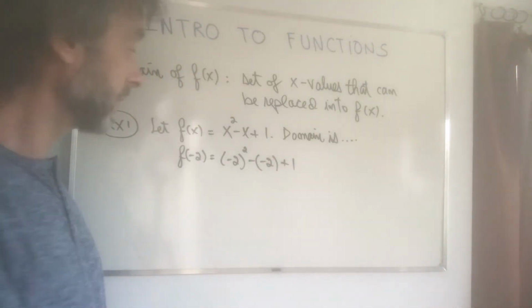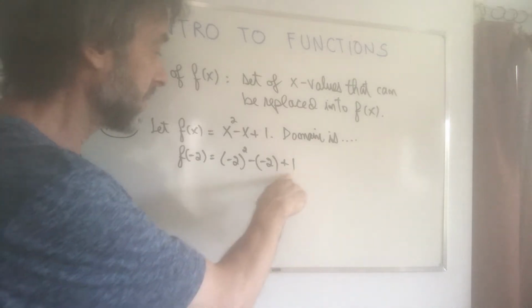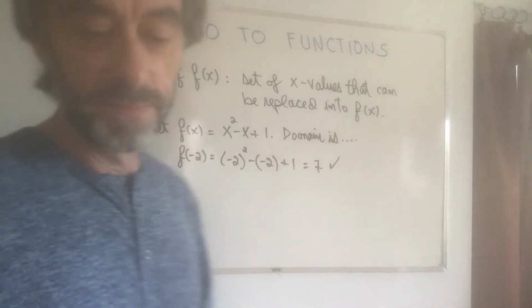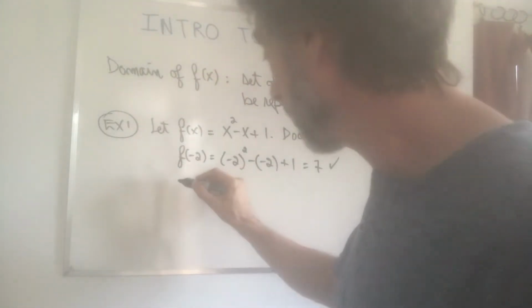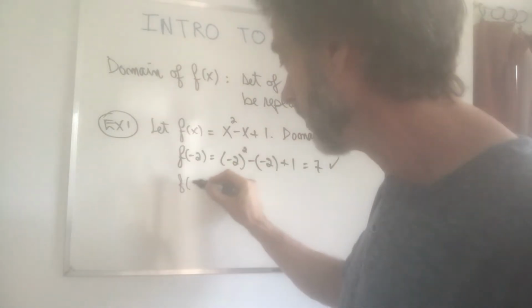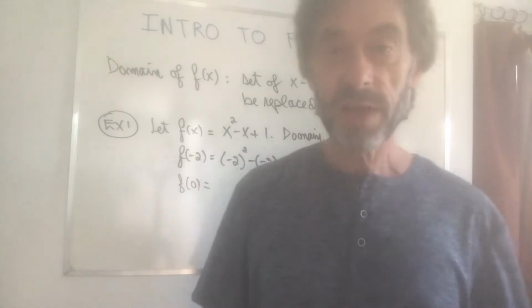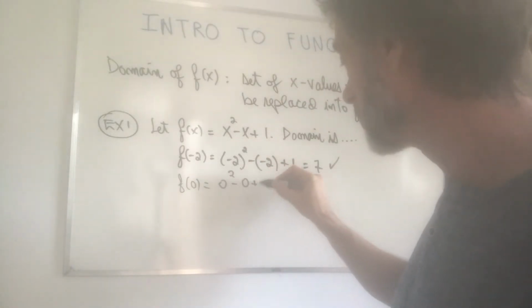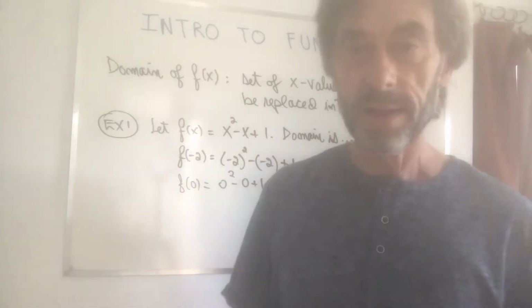So that's equal to what? 4 plus 2 is 6 plus 1 is 7. Yeah, that is totally a number, right? So can I replace, what other weird numbers do we know? 0 maybe? What is f of 0? Well, 0 squared minus 0 plus 1, that's equal to 1, and that's a number.